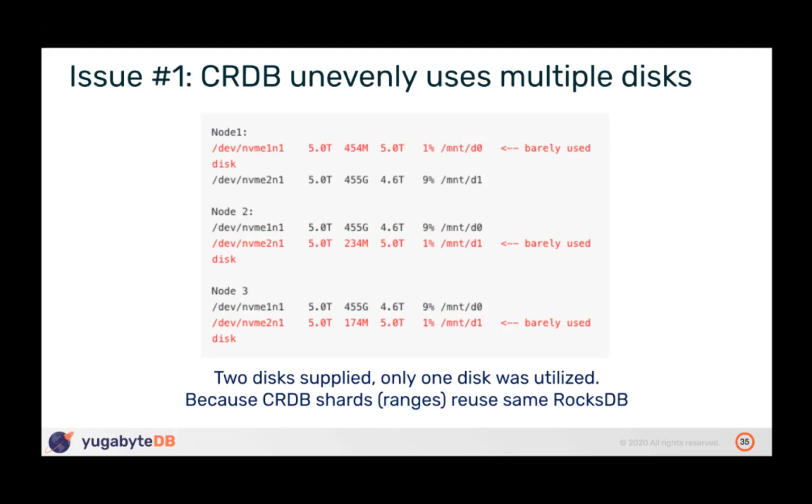And a single RocksDB uses a single disk, right? They ask you to RAID stripe the disks or do something else at the lower layer in order to effectively leverage these. And this is in operational practice a pretty complicated setup, if you have to RAID stripe disks and so on in the cloud, at least.